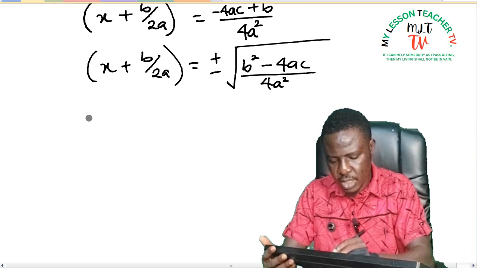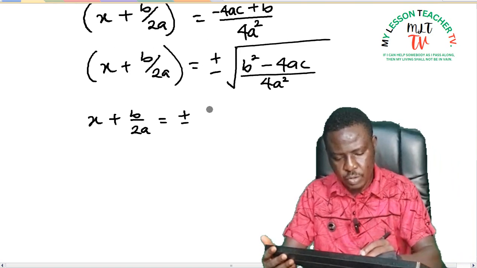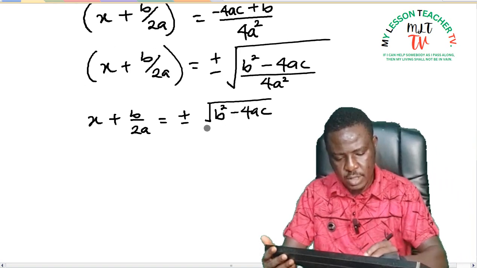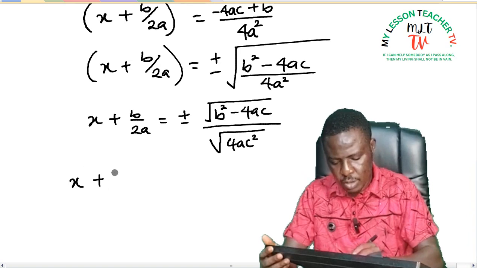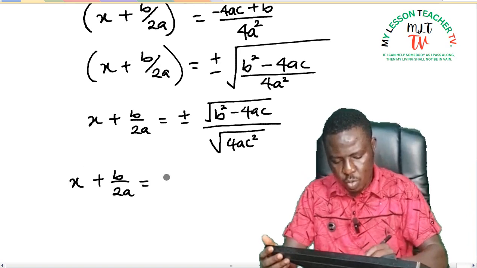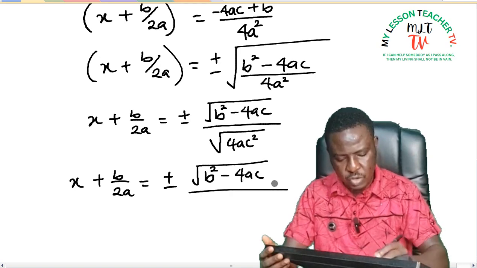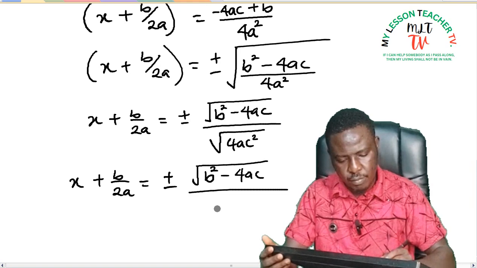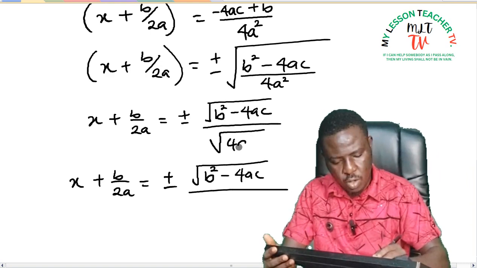Now this can be simplified to be x plus b over 2a is equal to plus or minus square root of b squared minus 4ac divided by square root of 4a squared, not 4ac squared. So x plus b over 2a is equal to plus or minus square root of b squared minus 4ac all divided by square root of 4a squared.